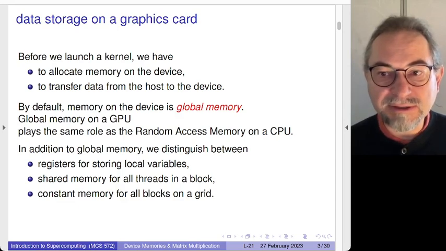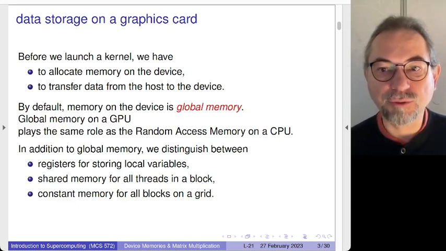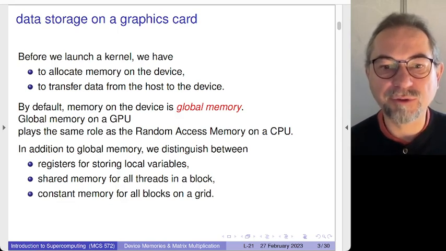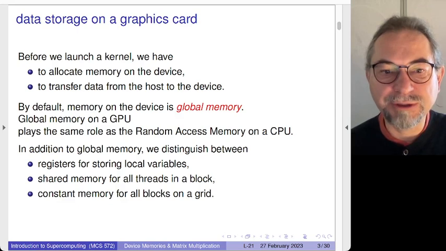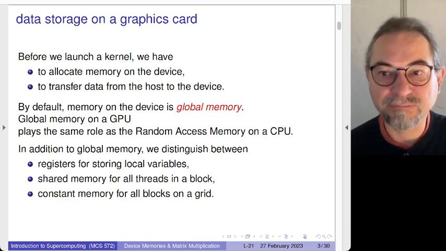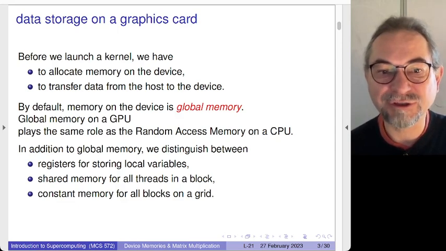All threads have access to the global memory. In addition to the global memory, we distinguish local variables, which are local to each thread and stored in registers. All threads in one block have access to shared memory.